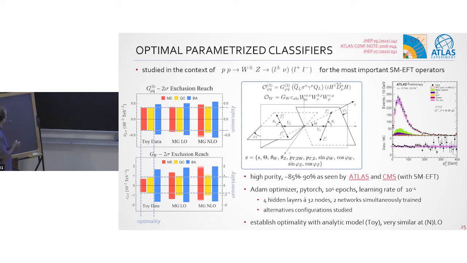And then you repeat this from the toy data. You do the same in more complex MadGraph simulation at the leading order and at the next-to-leading order, and the yellow bars here stay approximately the same. So that's a type of validation at the generator level that you can really do this.